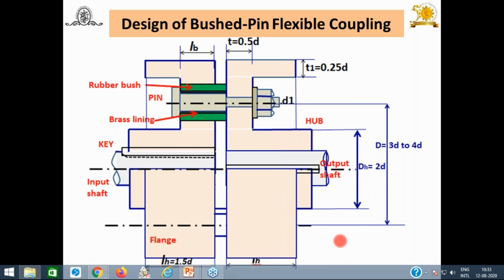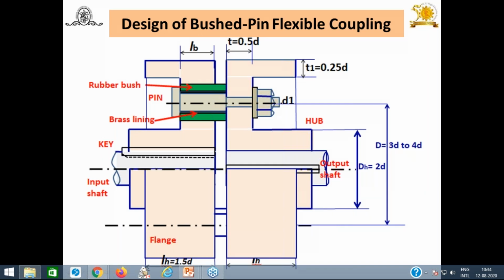That is important because we are going to use these terms during the design of this bush pin type flexible coupling. I hope you have completed this, or otherwise you can refer to V.B. Bhandari's book for the nomenclature as well as the figure.